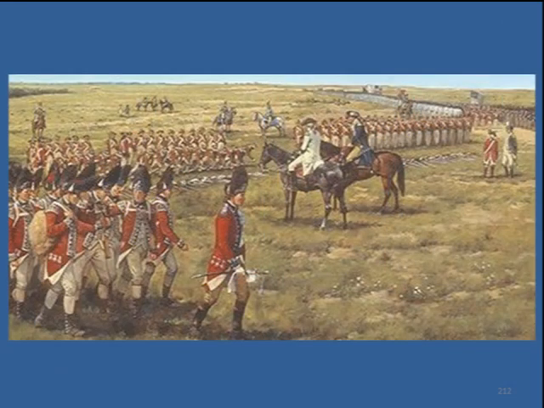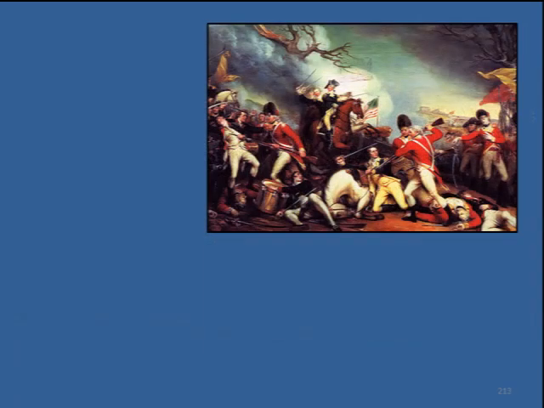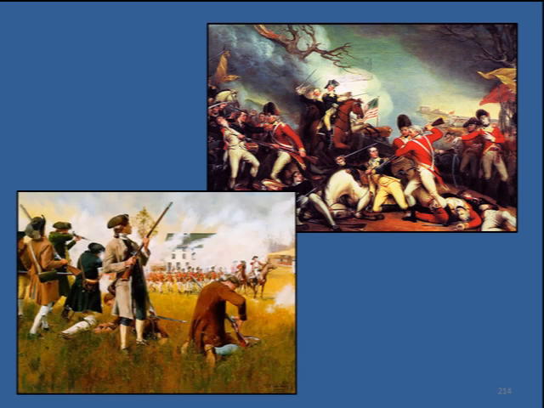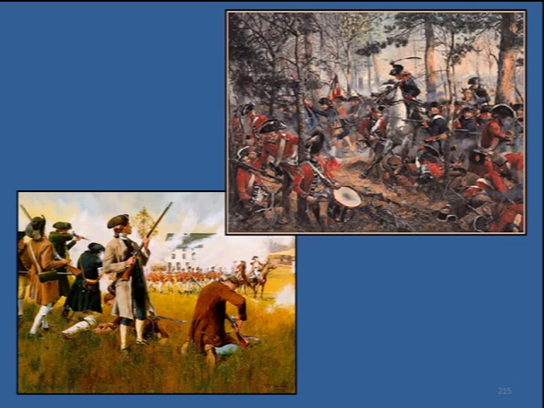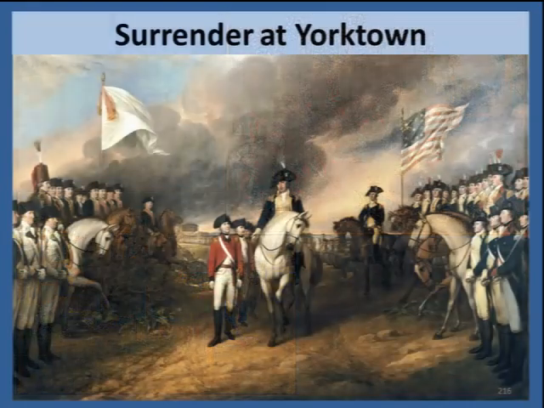Later, both Spain and Holland also agreed to help fight the British. With these European countries now helping the Americans, Britain knew it could not win the war. Then, in 1781, after a series of battles, a large British force surrendered in Yorktown, Virginia, essentially ending the war.